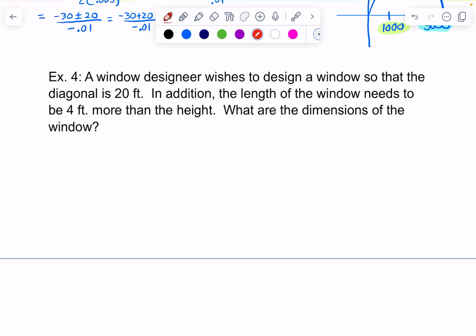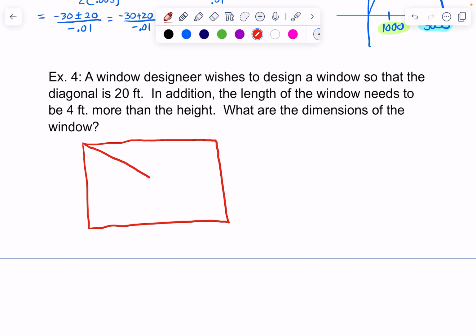Well, we've got a rectangular window here, and the diagonal is 20 feet. And we want the length of the window to be 4 feet more than the height of the window. So we don't know the height, we'll call that h. But we want the length to be 4 feet more than the height, so we want that to be h plus 4.